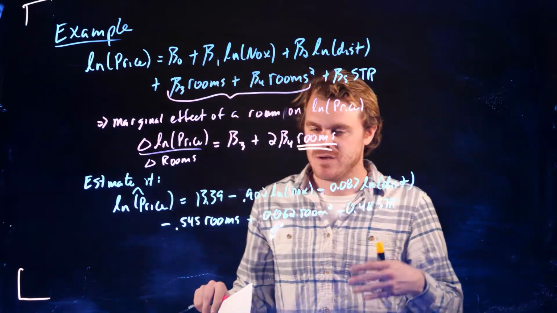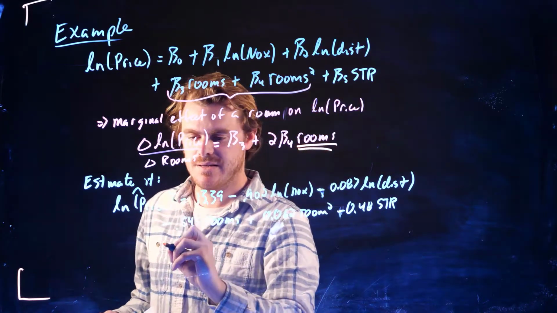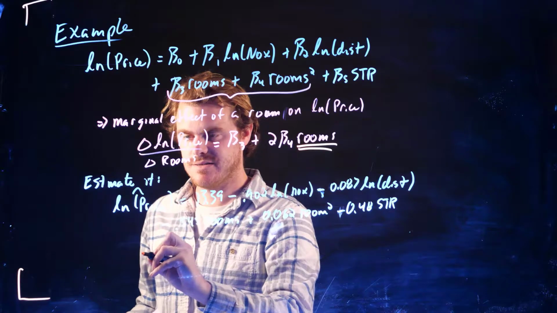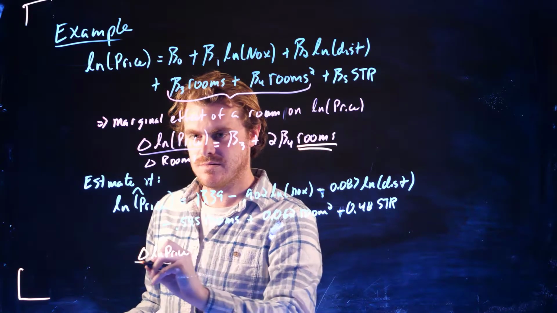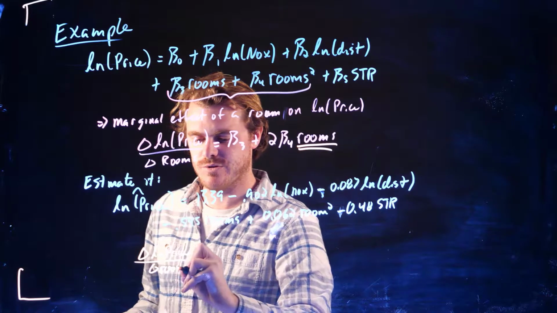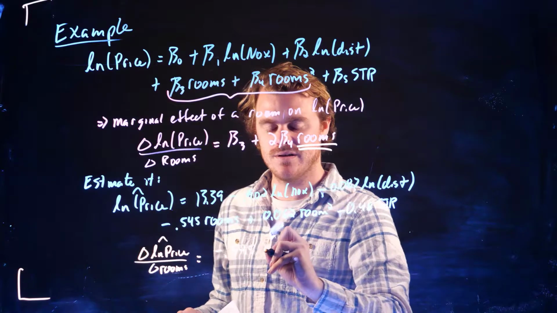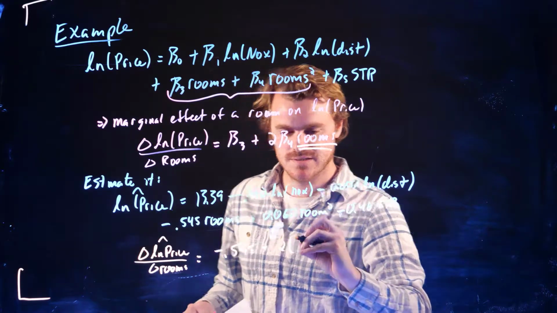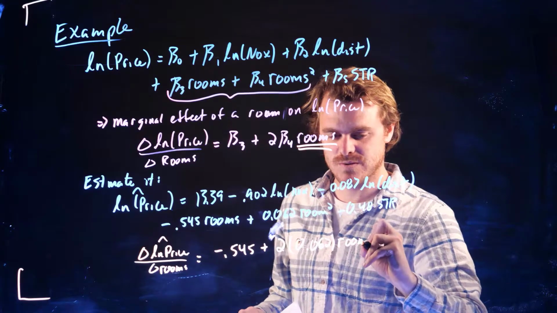But let's say we instead want to understand this relationship. Well, now the marginal effect, so the estimated effect on a change in rooms, equals minus 0.545 plus 2 times 0.062 times rooms.